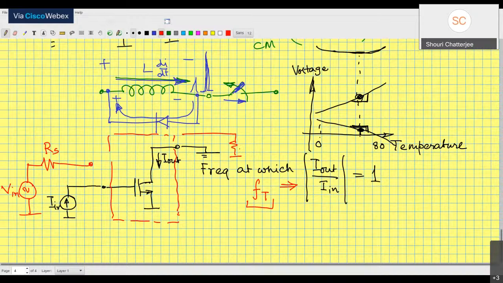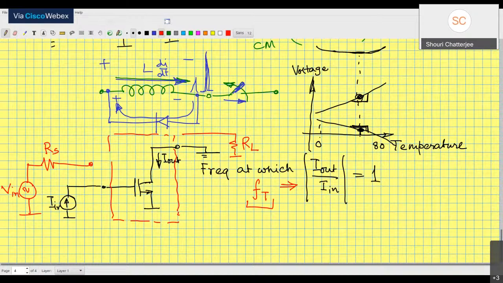Over here there is going to be RL. Now if you don't have this two port network, then your output voltage will be RL divided by RS plus RL. And from that you can figure out the power delivered to the load. Beyond the frequency FT, where at FT the current gain becomes equal to 1, beyond that frequency you will not get any power gain at all.